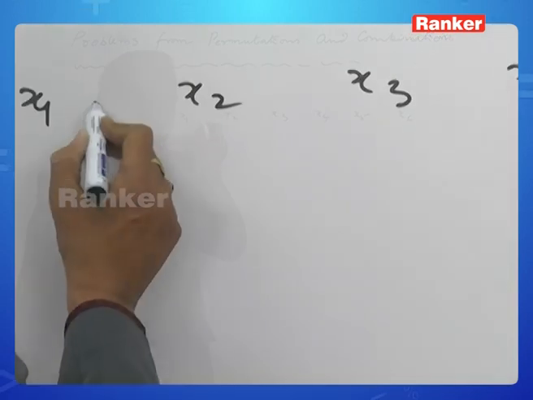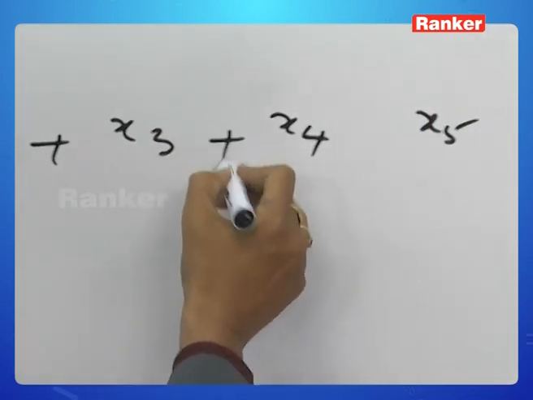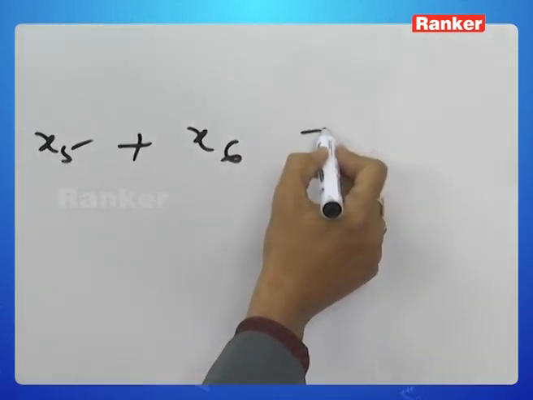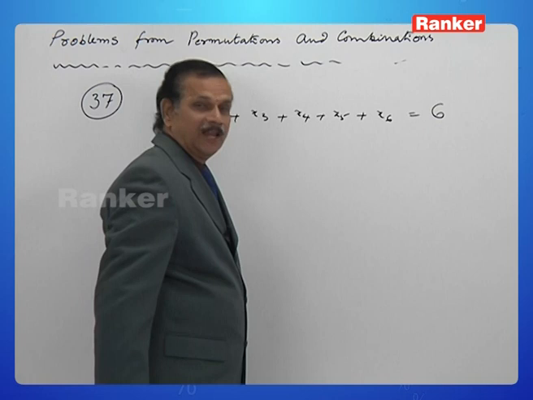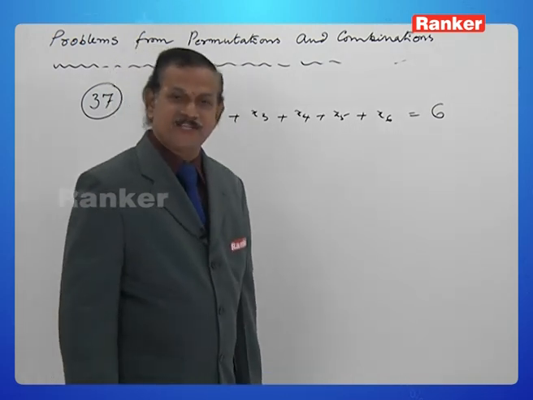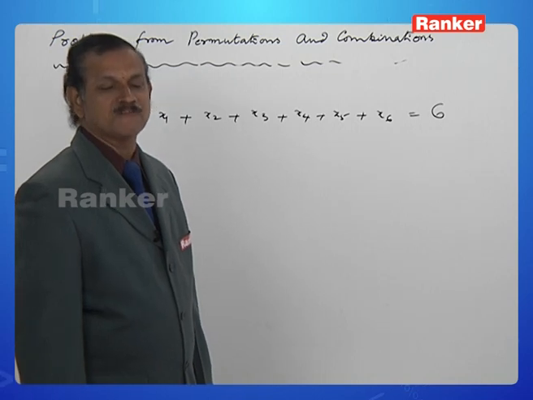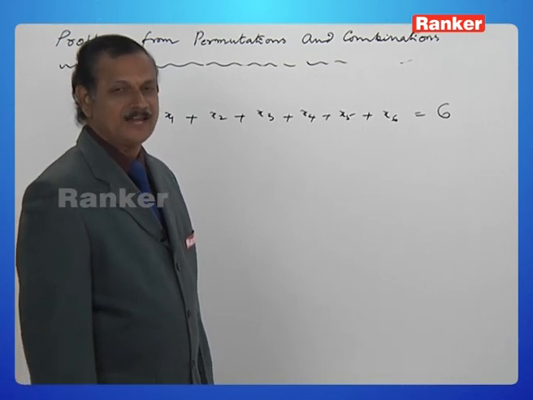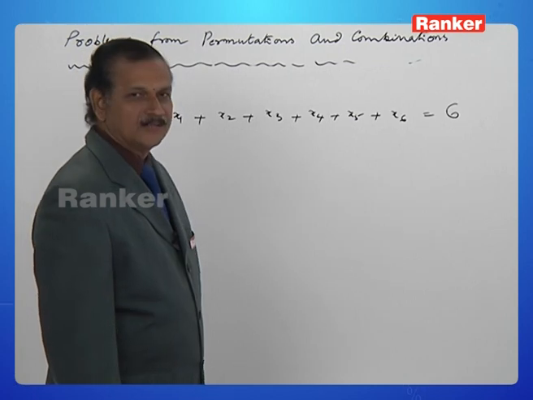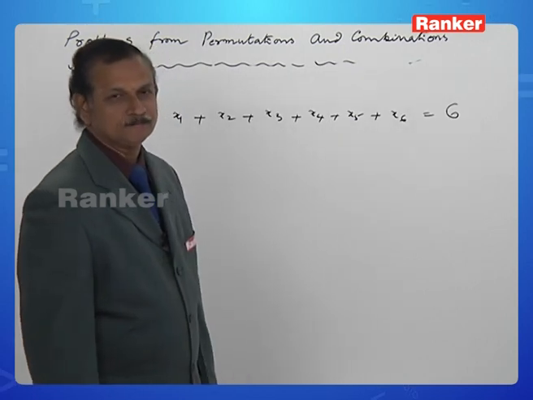So, let me now redesignate x1, x2, x3, x4, x5, x6 as the number of coins that can be distributed to the 6 respective persons.